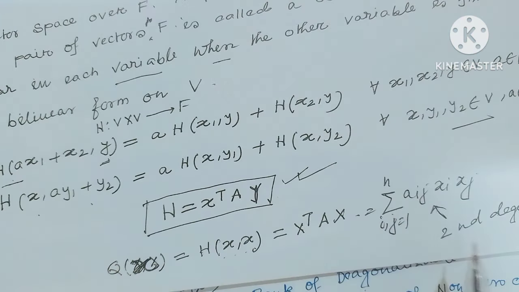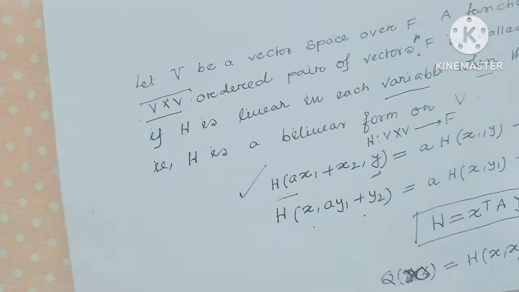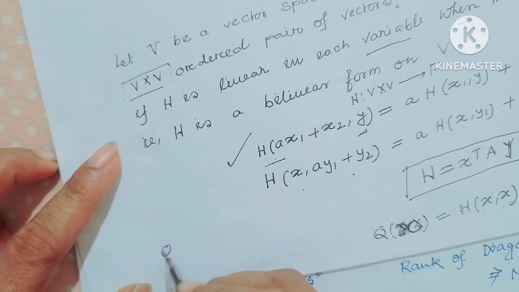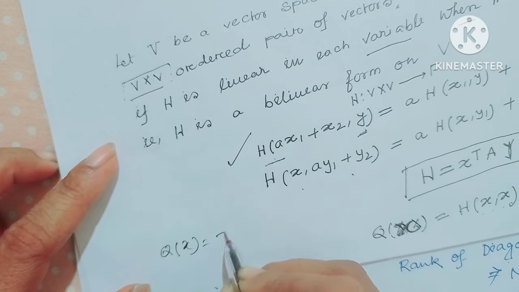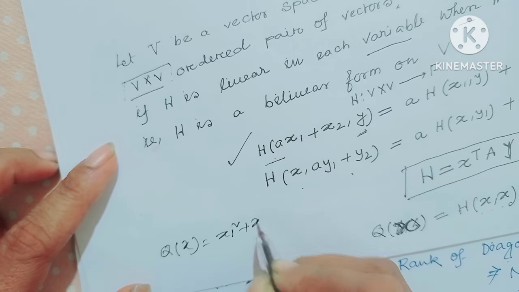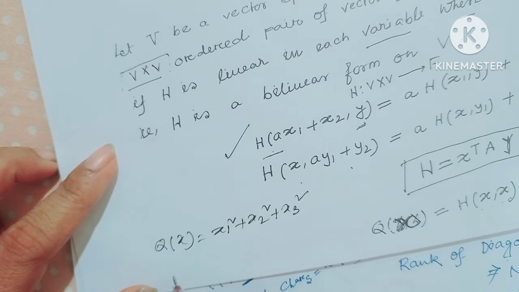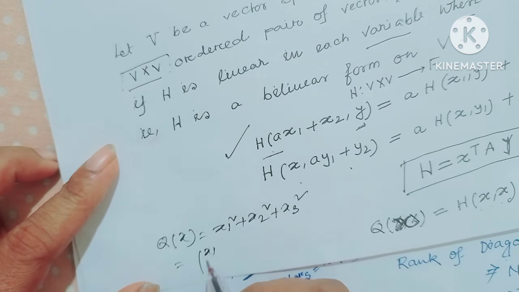For example, if you consider Q(x) = x1 square plus x2 square plus x3 square, then the matrix A has 1 on the diagonal and 0 elsewhere, and x is (x1, x2, x3).